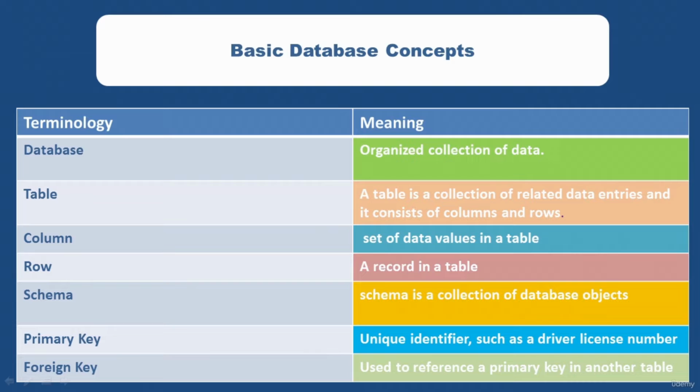Likewise, you can have the primary key in table 1 acting as a foreign key in table 2, or vice versa. So a foreign key usually is used to reference a primary key in another table, but primary keys are unique per table. You can't have two primary keys in one table.